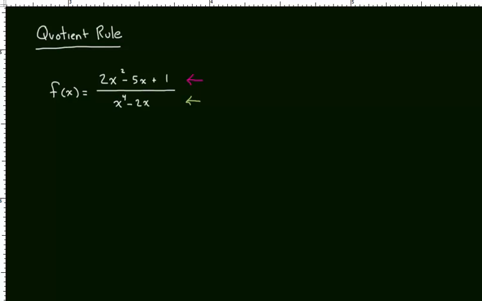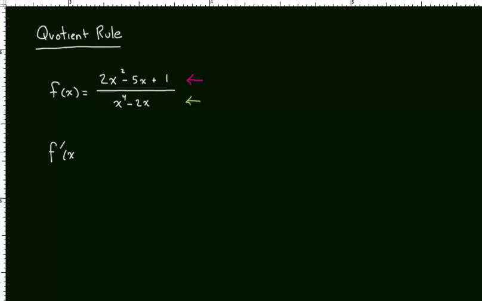Bottom times the derivative of the top minus top times the derivative of the bottom all over the bottom squared. Let's repeat that. Bottom times the derivative of the top minus top times the derivative of the bottom all over the bottom squared.